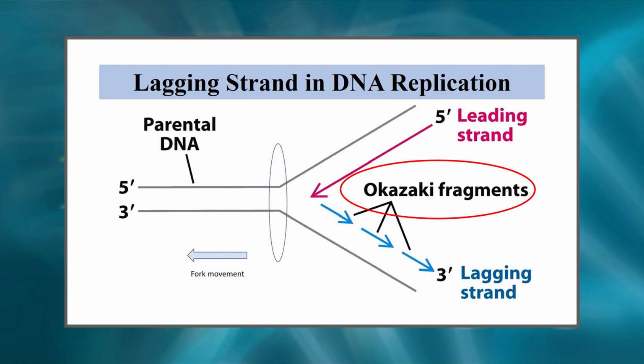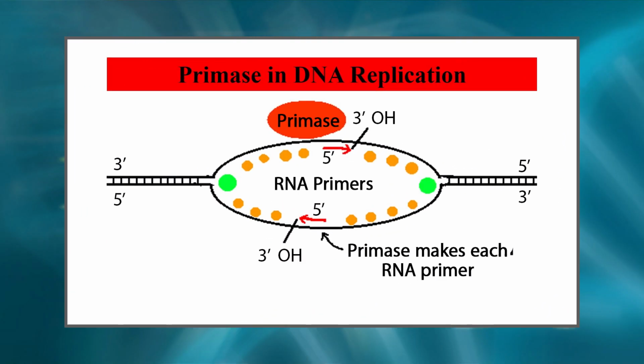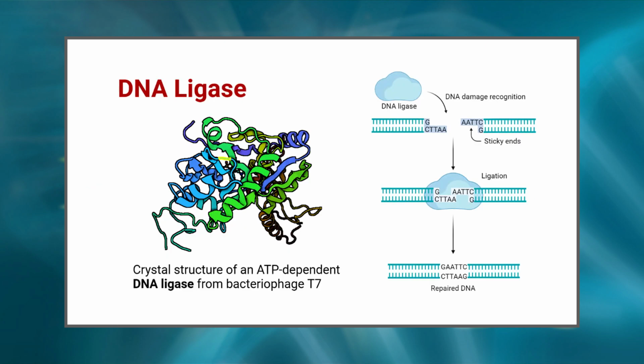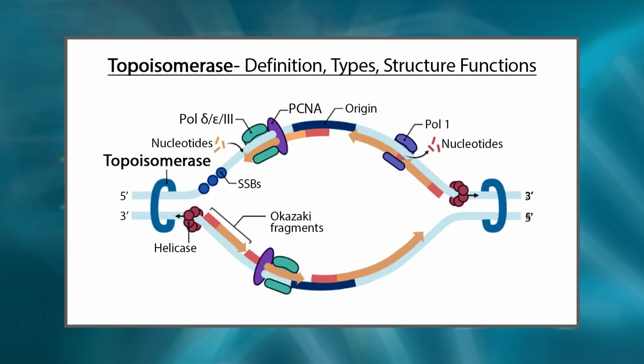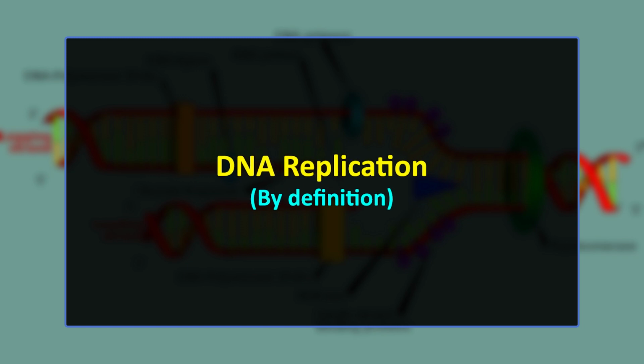The leading strand can be extended from one primer alone, whereas the lagging strand needs a new primer for each of the short Okazaki fragments. In addition to DNA polymerases, the replication of DNA requires other enzymes including DNA primase, DNA helicase, DNA ligase, and topoisomerase.